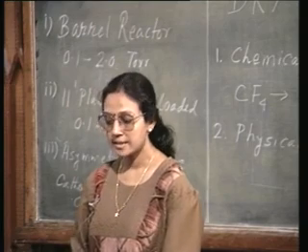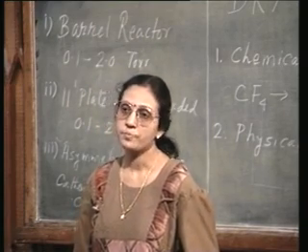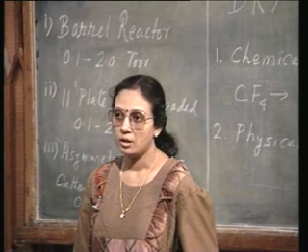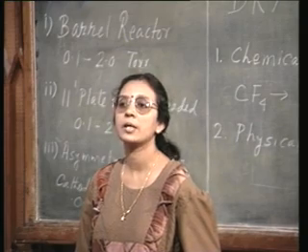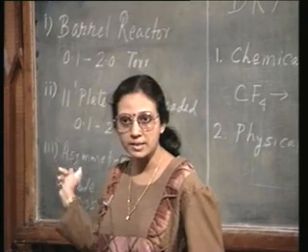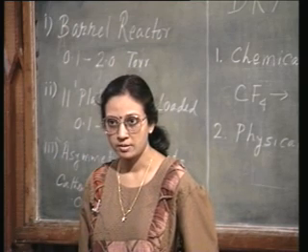In the same line we can continue and we can go to an etching system where we totally do away with the chemical etching. See, in all these cases I have one element of chemical etching, right.